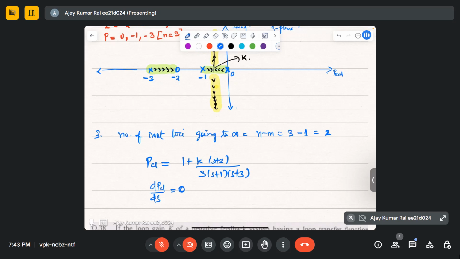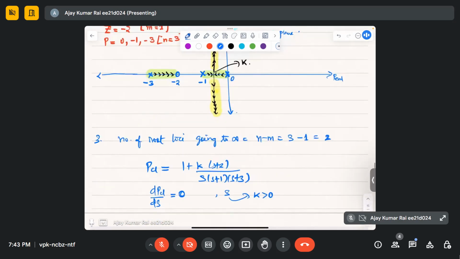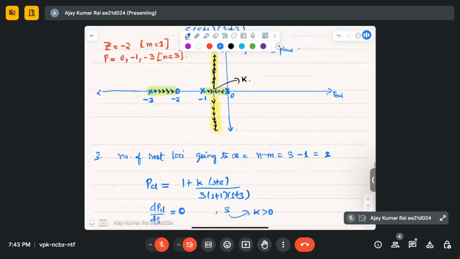And for that particular value of s, what is the value of k? The k should be greater than 0 because it's given in the question that k is greater than 0. Whatever value is calculated is the breakaway point. This is how you find out the breakaway point.